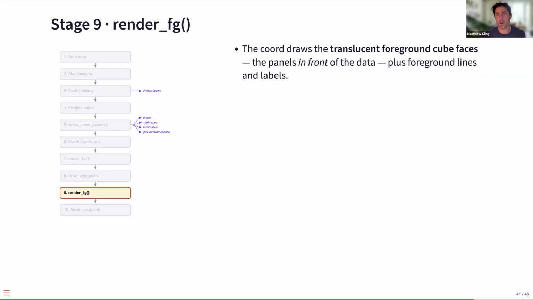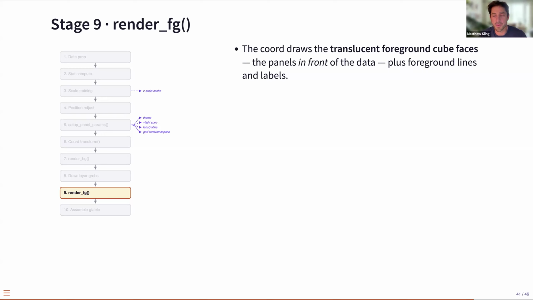Yeah, then finally we draw those foreground cube faces. I don't have any text here, but I did add an additional function. There are two ggplot2 functions that I masked. One of them was aesthetic, and the other one is element rect, right? ggplot2's element rect doesn't have an alpha parameter, so there's no way to control the transparency of those.